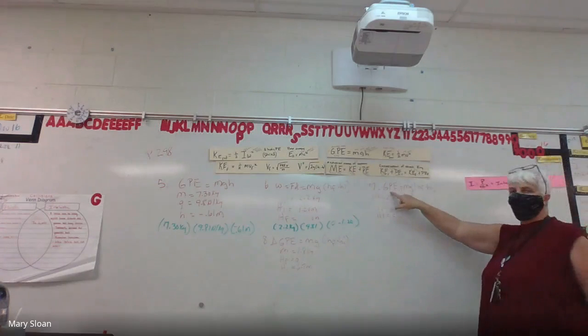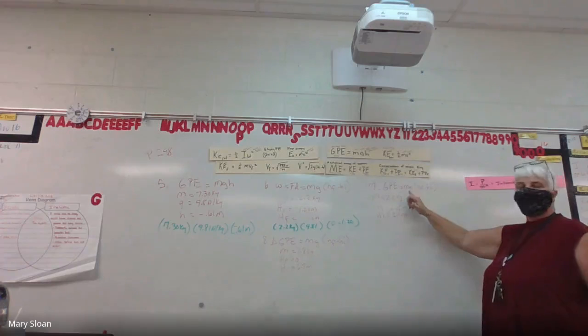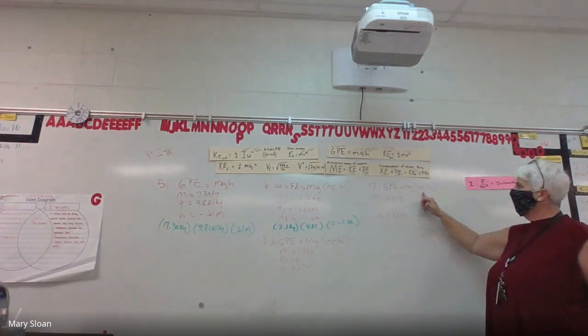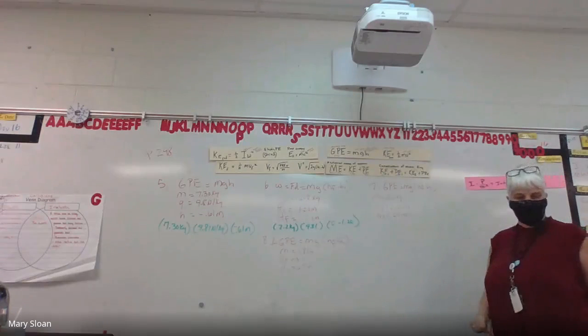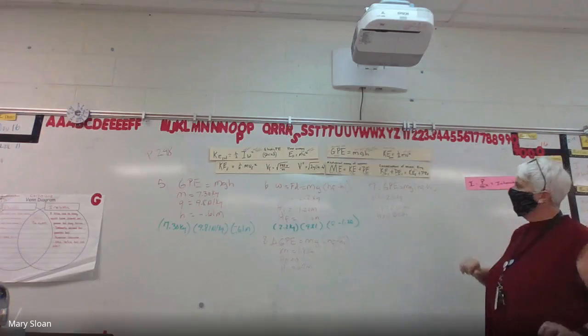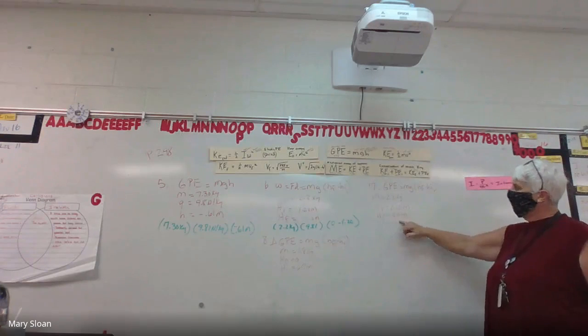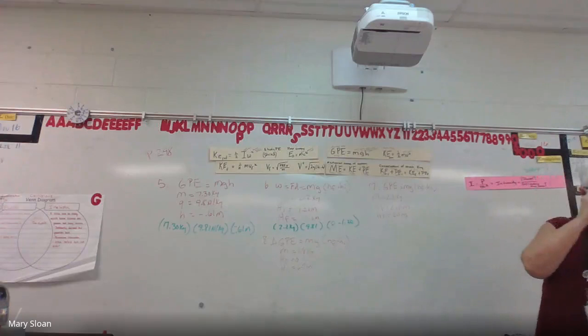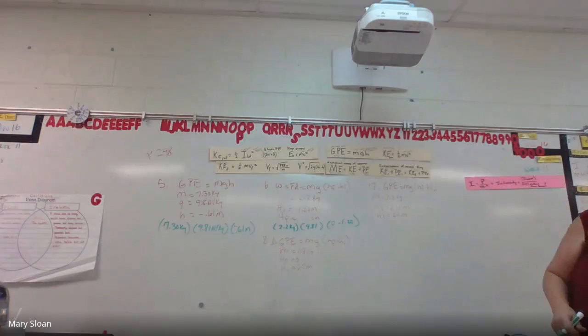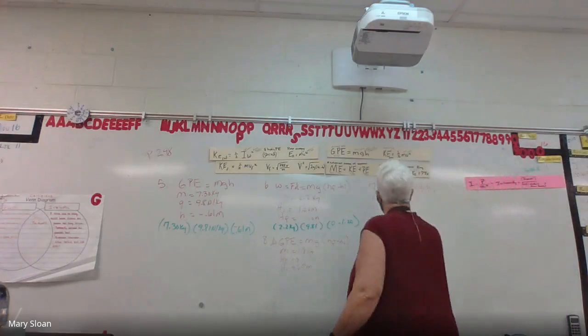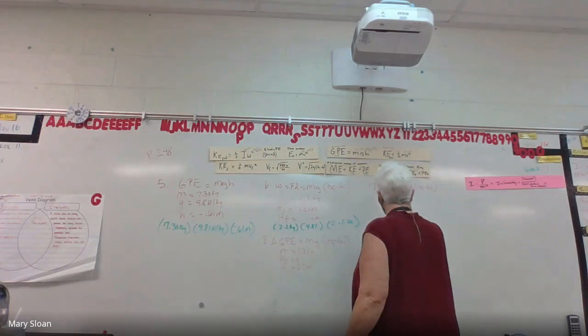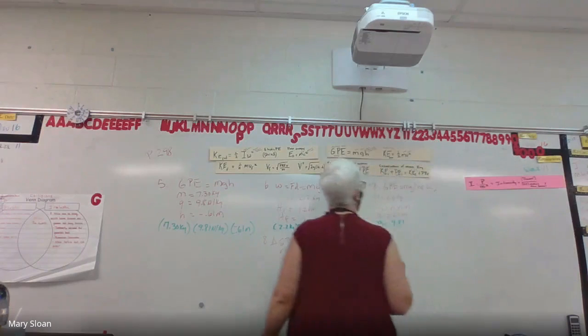So, gravitational potential energy is what we're looking for. We're going to do mass times gravity times height final minus height initial. So our mass is 2.2 kilograms. Our height final is 2.10. Our height initial is 0.80. And then our gravity is 9.81.